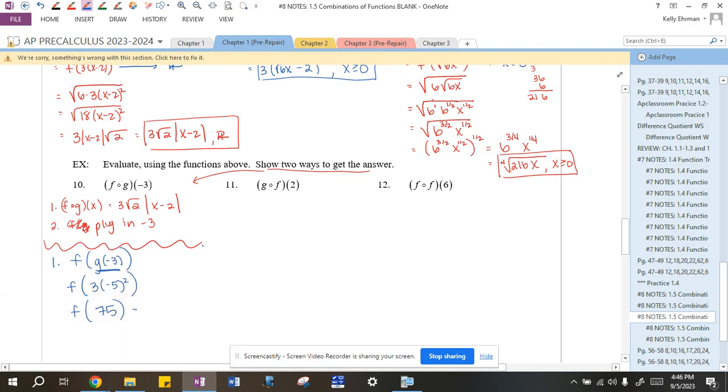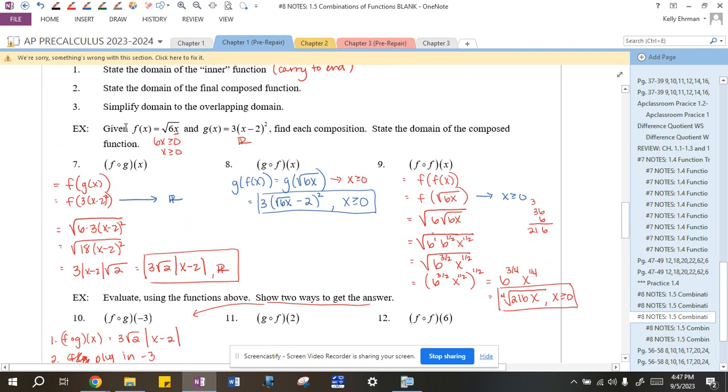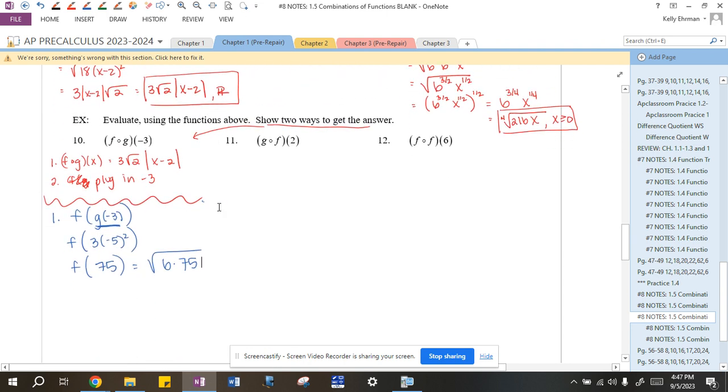So f is the square root of 6 times x, right? Now, do I want to do 6 times 75 and then figure that out? No. Remember, if you're trying to simplify large numbers underneath square roots, you can break them down. 6 is 3 times 2. 75 is 3 times 25, or 5 squared. I can pull a 3 out.